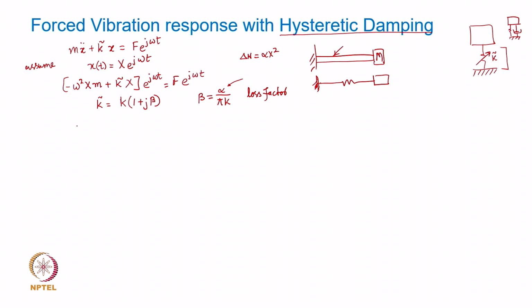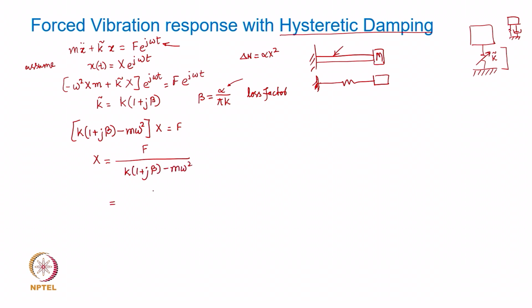Now, with this in place, obviously I can write this as k into 1 plus j beta minus m omega square, and capital X I am going to take out, and that is going to be equal to f. So, it basically gives me capital X, the response amplitude for a harmonic force f e to the power j omega t, as equal to f over k into 1 plus j into beta minus m omega square.